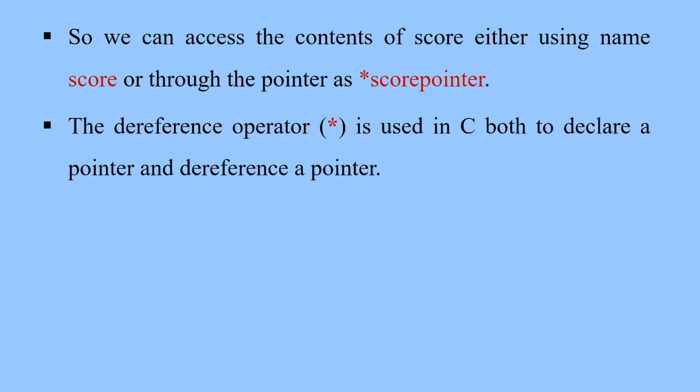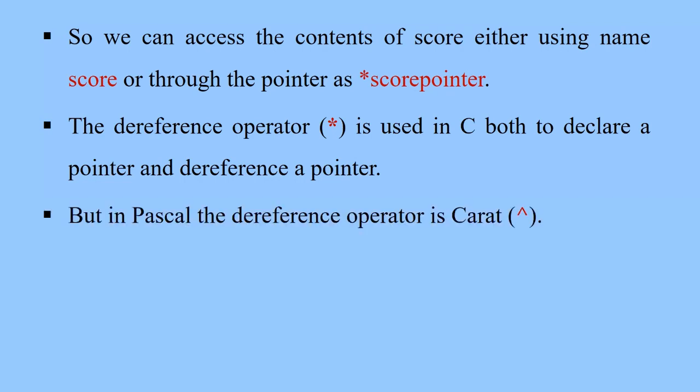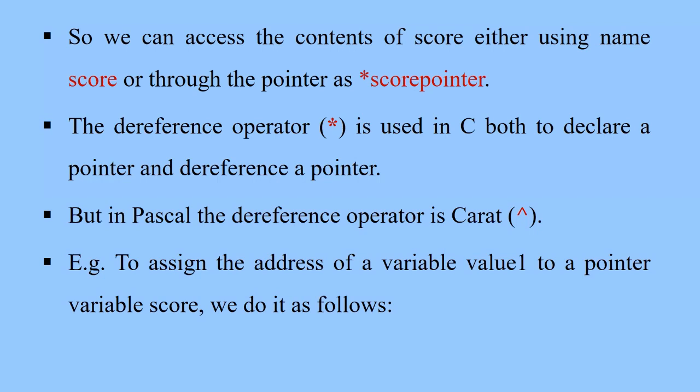The reference operator is used in C both to declare a pointer and to reference a pointer. But in Pascal, the operator is called the caret. For example, to assign the address of a variable called value 1 to a pointer variable called score, we do it as follows.